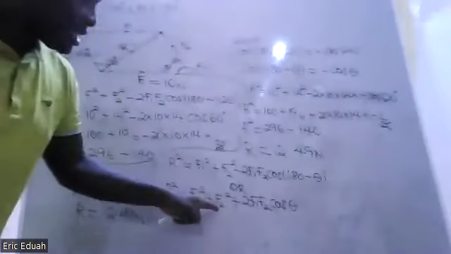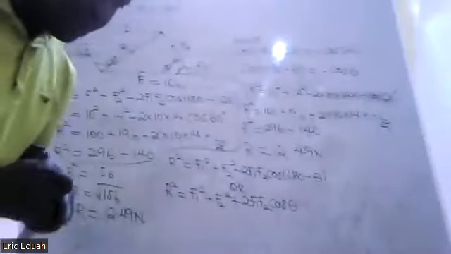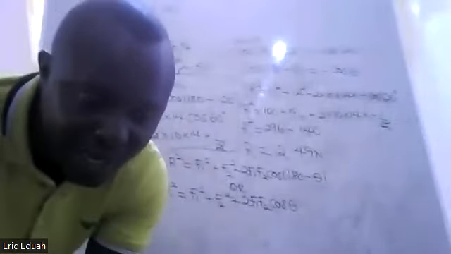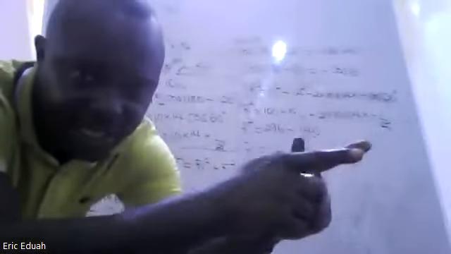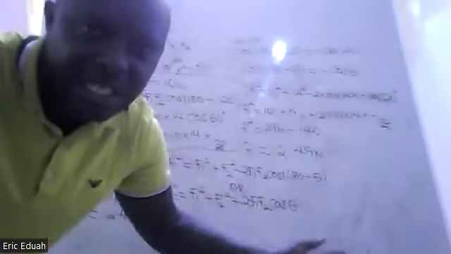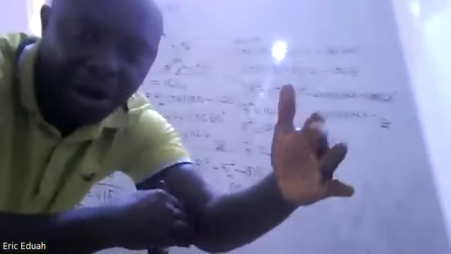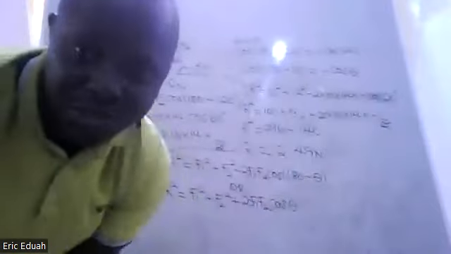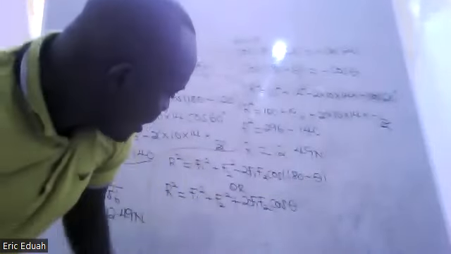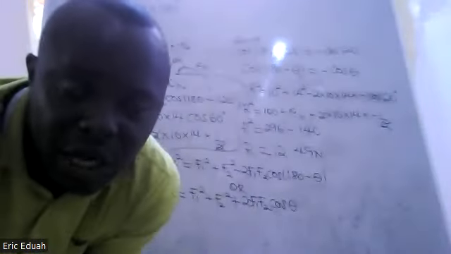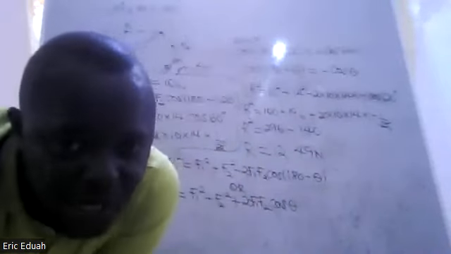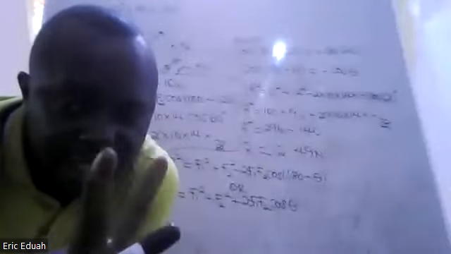I was talking about this being a super formula. Why? This formula applies to any angle, whether they are moving in the same direction, opposite direction, perpendicular, or acute or obtuse. And so the cosine rule is a super formula which applies to all situations of two forces or vectors. Let's see why.